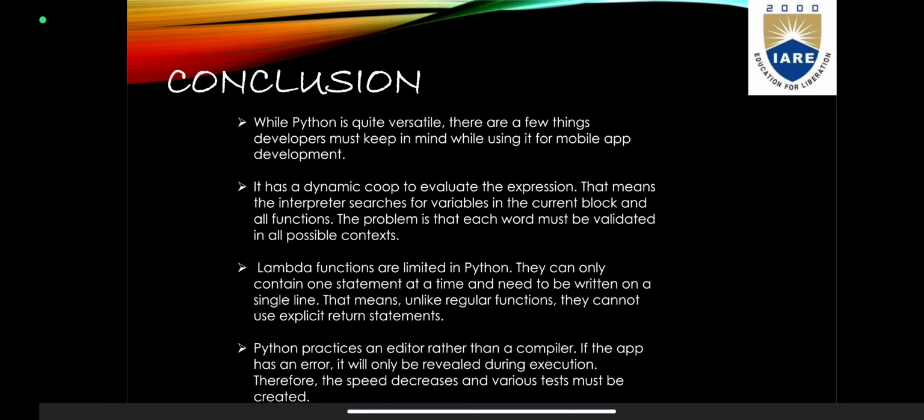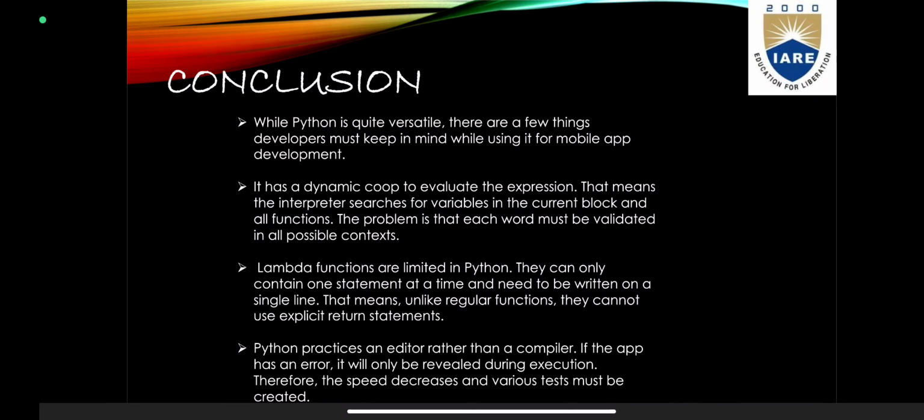Lambda functions are limited in Python. They can only contain one statement at a time and need to be written on a single line. That means, unlike regular functions, they cannot use explicit return statement.